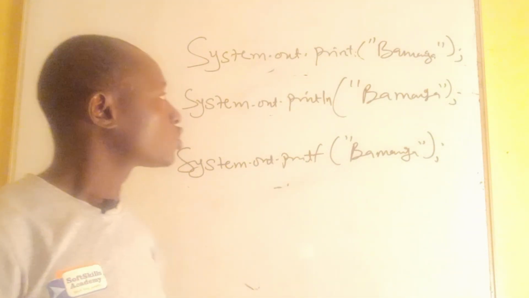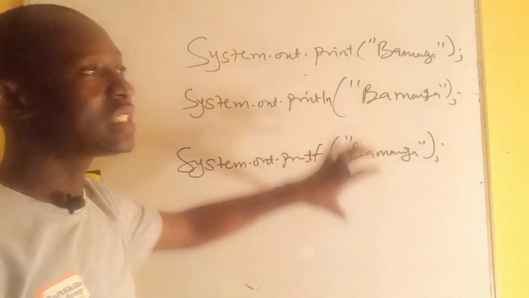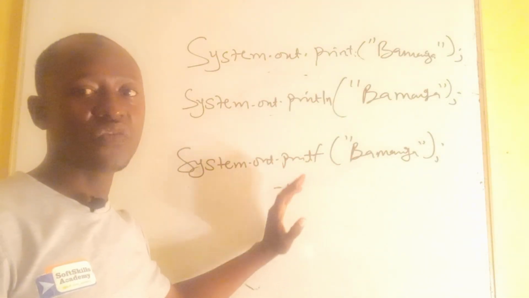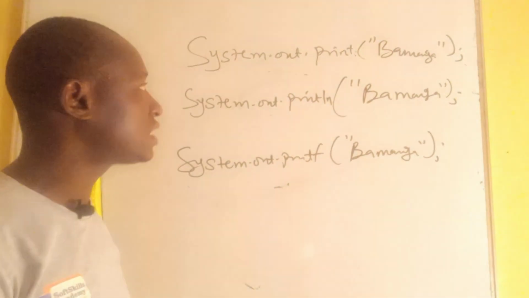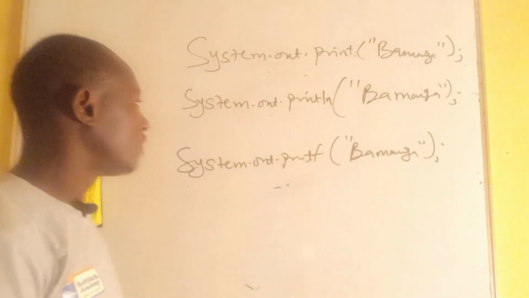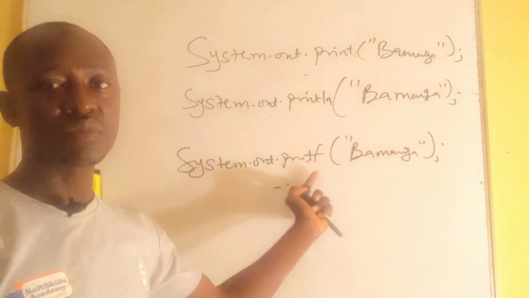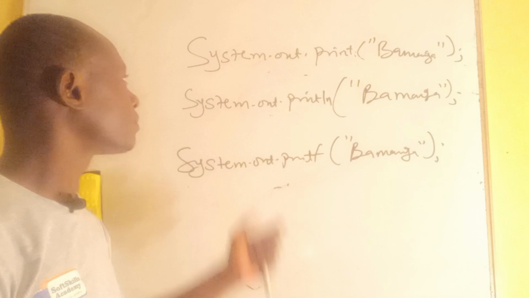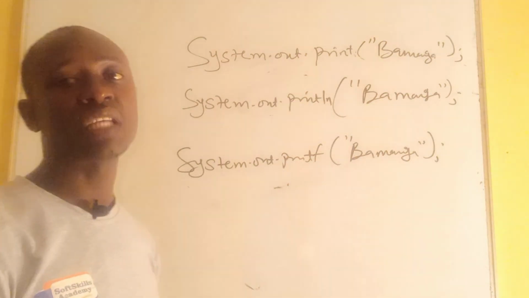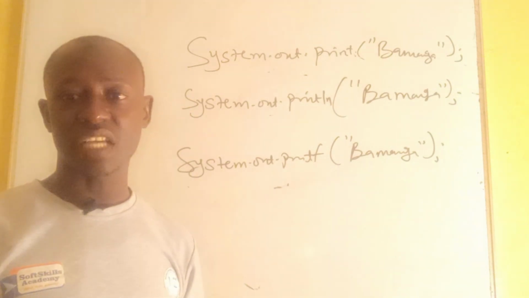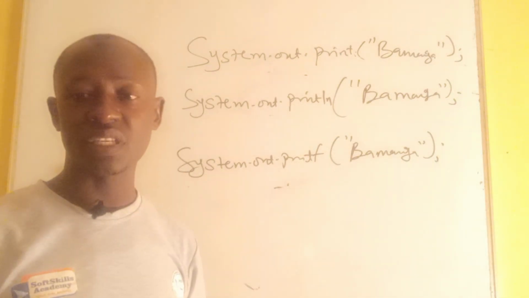Are we together? So you use System.out.print for what? For printing out your variables or identifiers on the screen, or in Java, for outputting variables. For inputting variables, if you remember when we talked about input-output operations, we said Java provides you with a Scanner object for accepting data from the user, while System.out.print is for printing output.